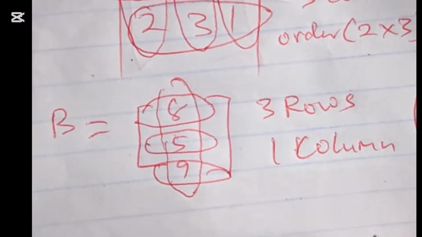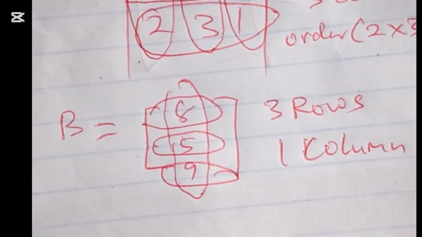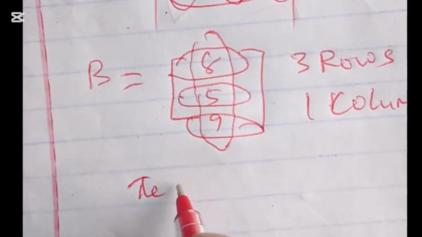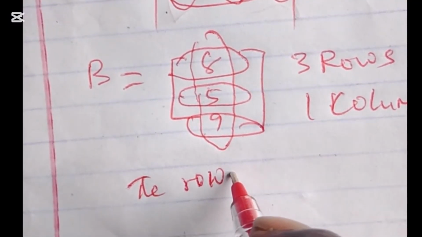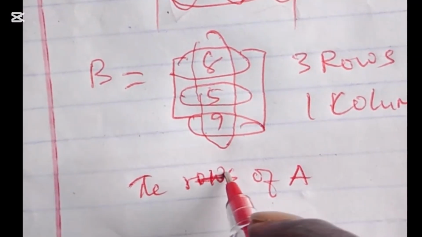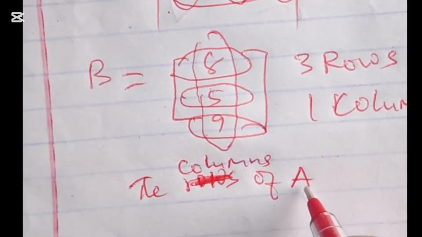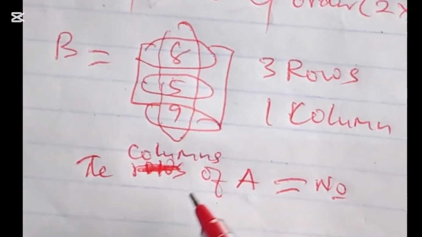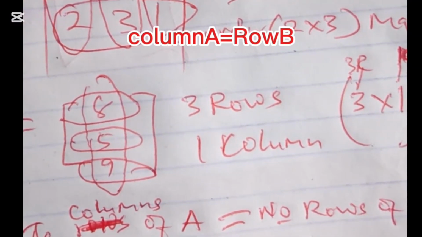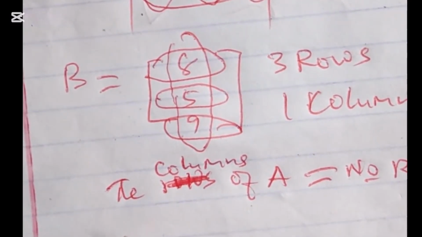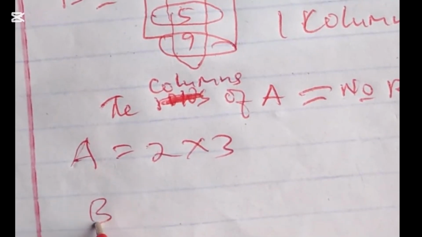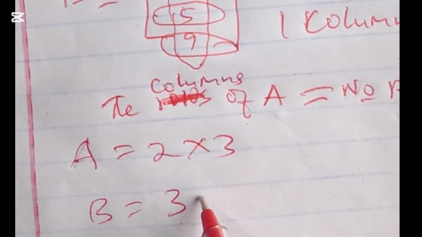Alright. Now, for us to multiply these two matrices, the first thing you have to check is whether the number of columns of A is equal to the number of rows of B. A is 2 by 3 and B is 3 by 1.